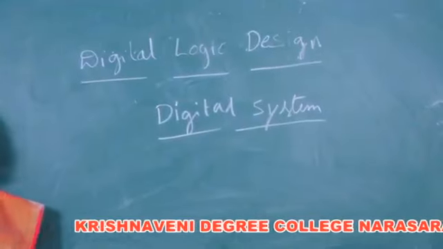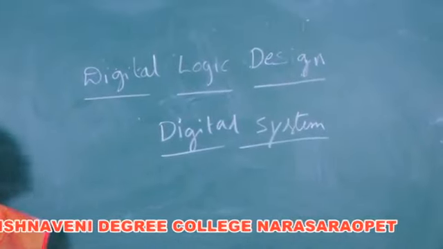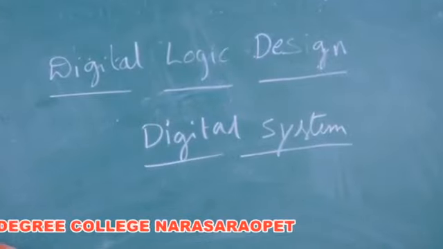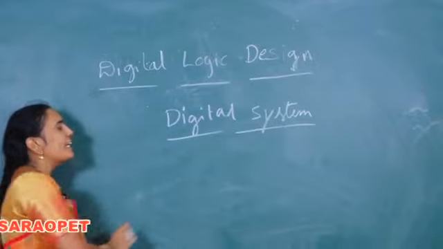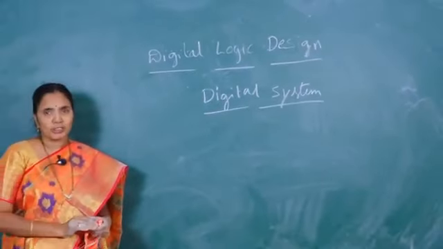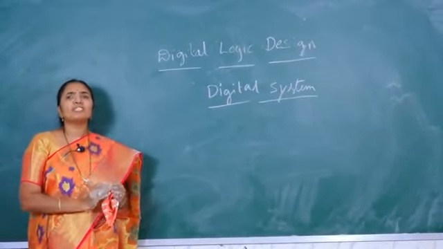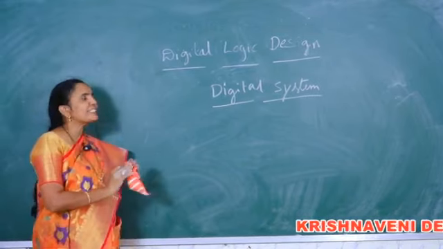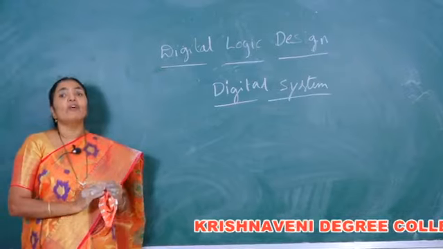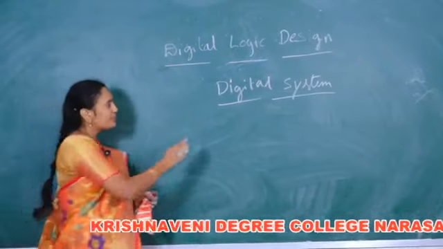Now let us discuss about digital system, how it is related to the digital logic design. Here digital system is an interconnection of digital modules. What is a module? A subsystem of the digital system is called as a module. So, a digital system is an interconnection of digital modules.